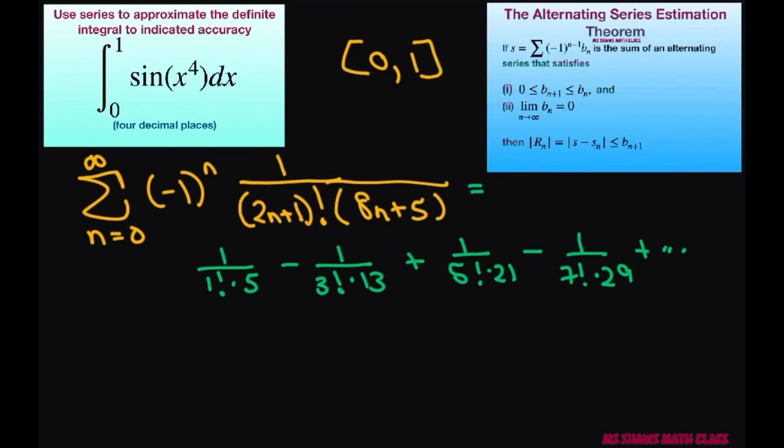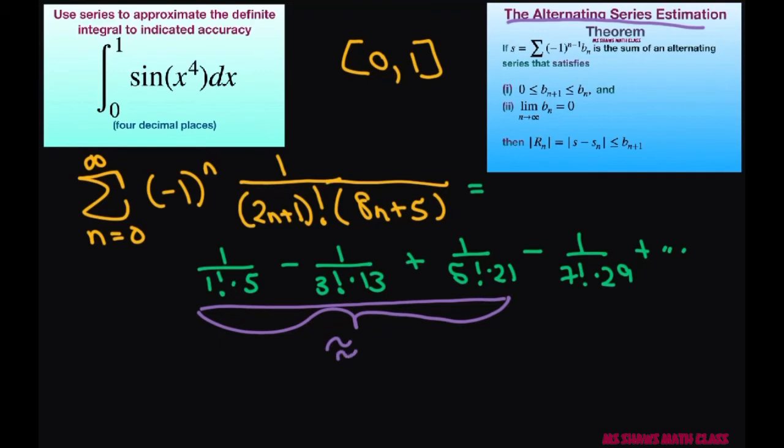Now we have to do our estimation. If I do the first 3 terms, I'm using my alternating series estimation theorem. So let's look at the first 3 terms. This part here is going to be approximately 0.18776.